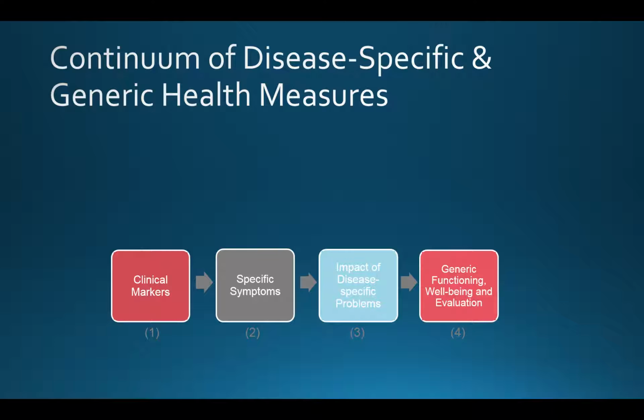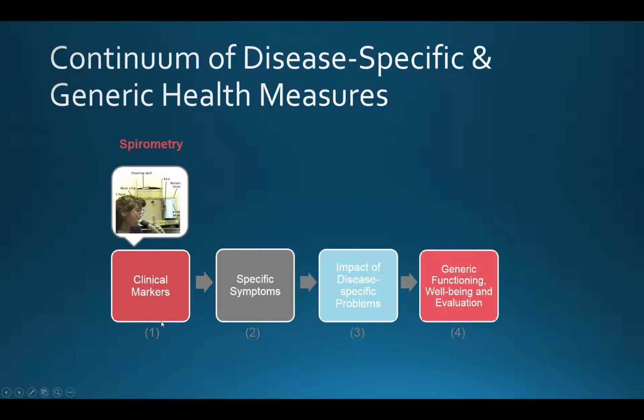So first, let's think about what are some different measures we can take to assess disease-specific symptoms, improvements, outcomes, and then more broadly speaking, generic health measures. So first here we've got clinical markers, right?